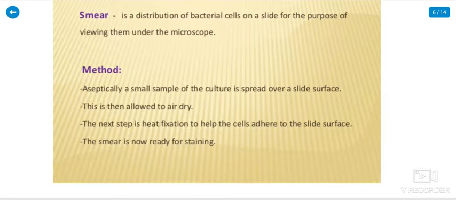Then the third step is heat fixation, to help the cells adhere to the slide surface permanently.